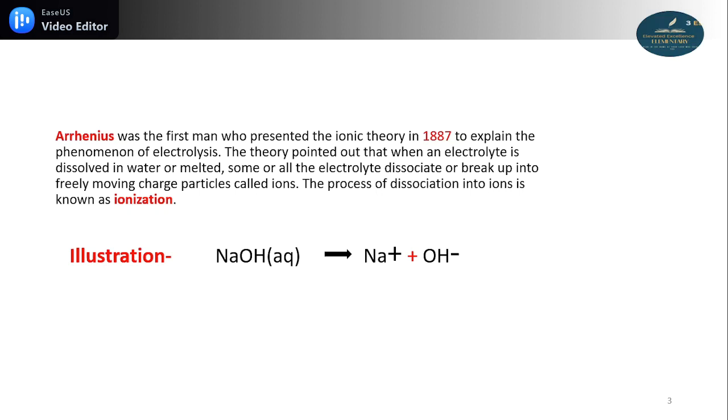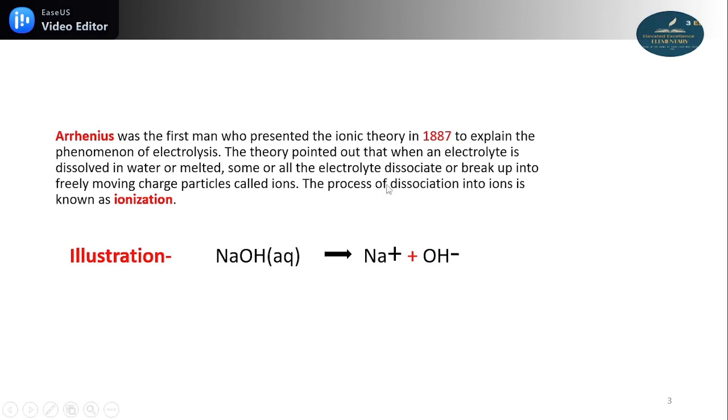So it is stated that when an electrolyte is dissolved in water, in the process of electrolysis, which we will soon get to, that means when it reacts with water, what happens?